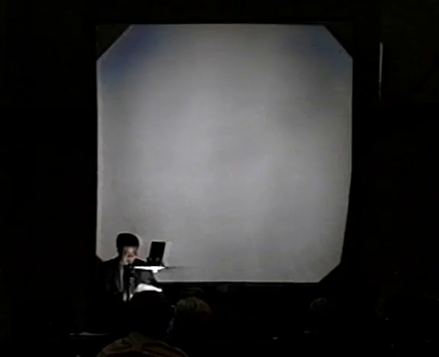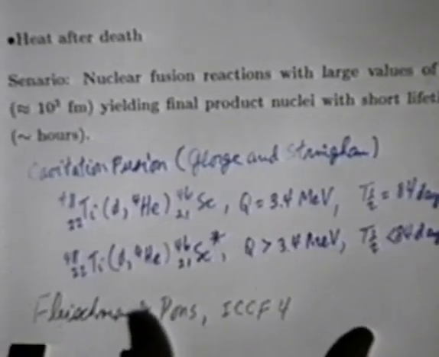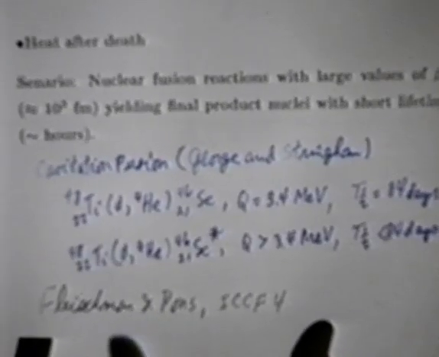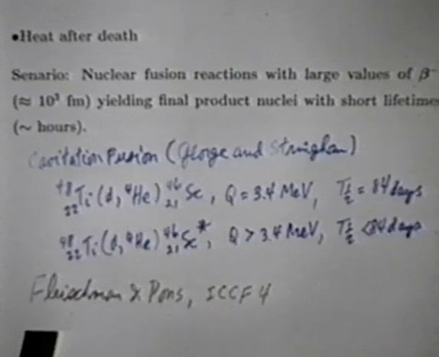It could be different mechanisms operating simultaneously, producing different things. Anyway, heat after death, according to this scheme, would involve a short-lived final nuclear product. If you can produce a short-lived final product, of course, it will have heat after death.